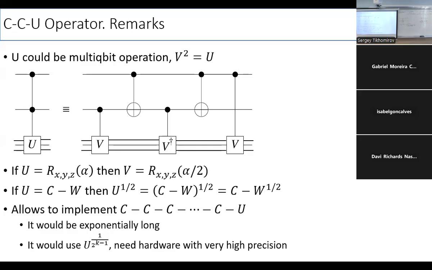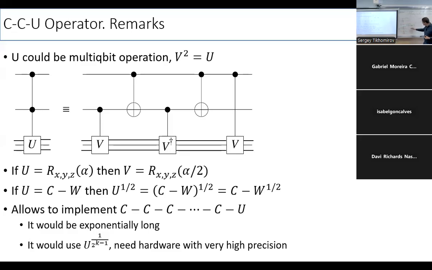In particular, this means that if I would like to consider controlled U, so consider the situation when I have k qubits which control the execution of U, then I could consider this as a sequence of diagrams.